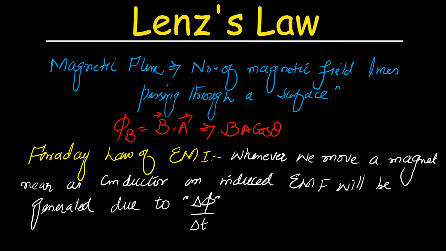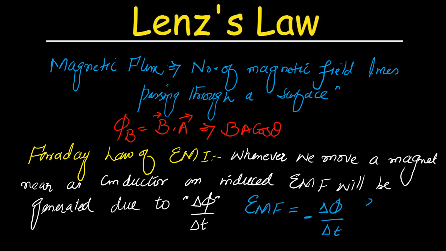So we can write Faraday's law in the form of an equation: induced EMF is equal to the rate of change of flux. However, there is a minus sign used in Faraday's law of electromagnetic induction.